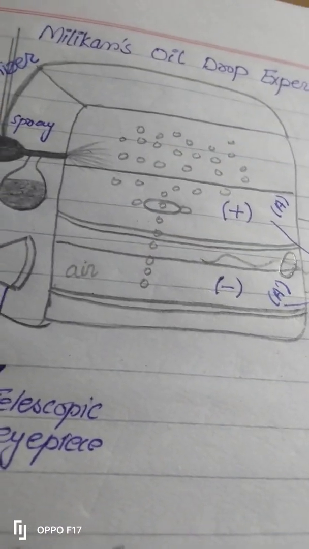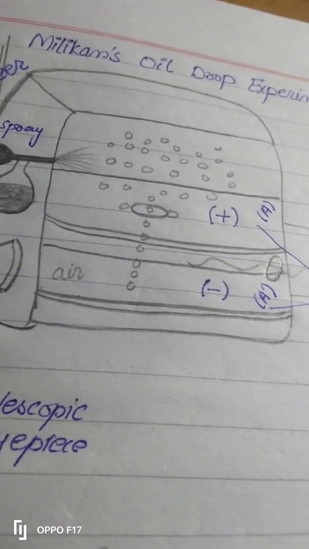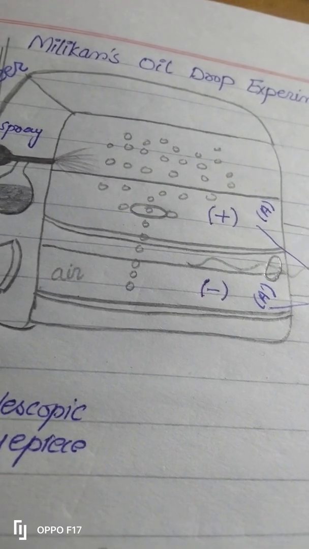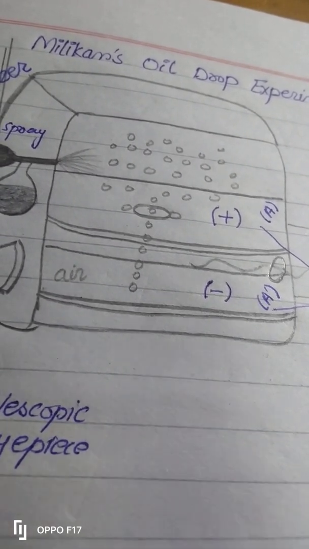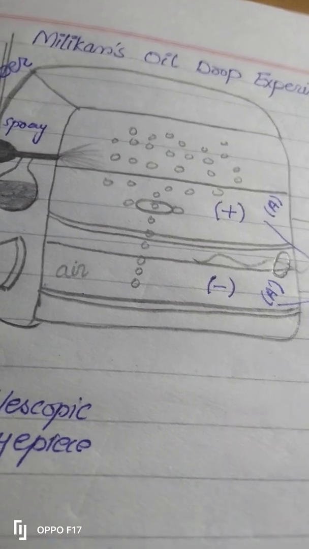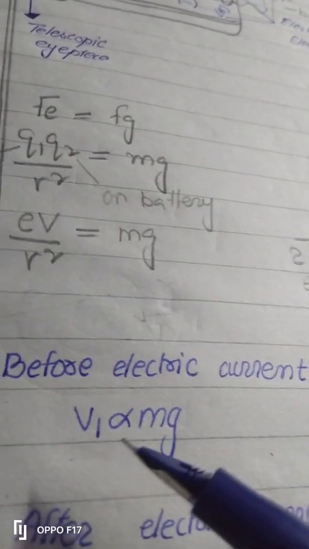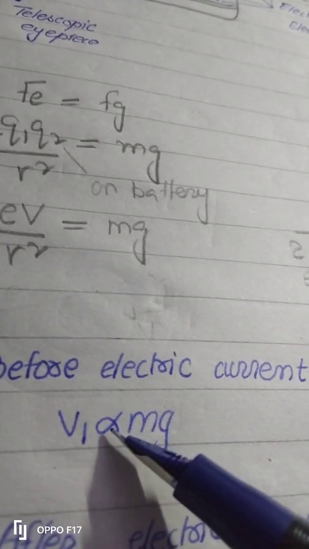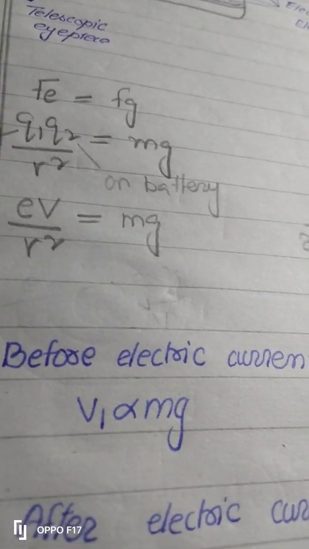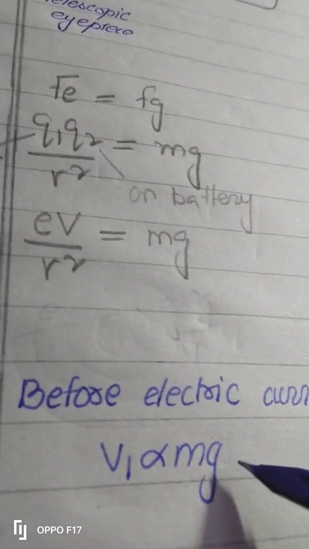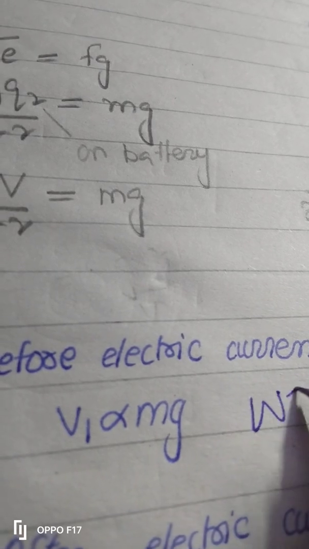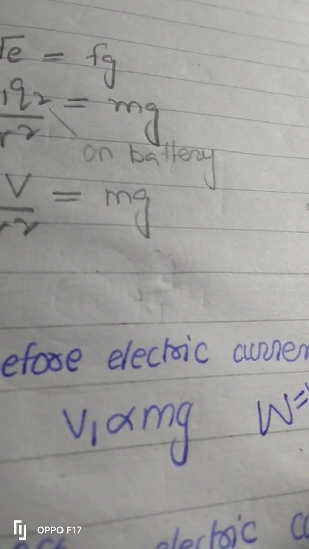Okay, so now what was the velocity when we didn't connect it to the battery, the electric field? As you can see over here, before the electric current, V1, which is the velocity of the oil drop before the electric current, is directly proportional to mg. What is mg? As we know, weight is equal to mg.